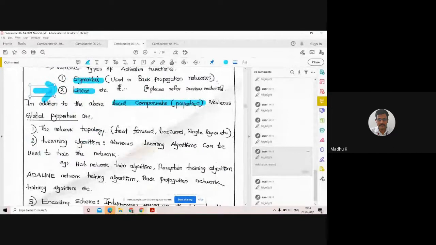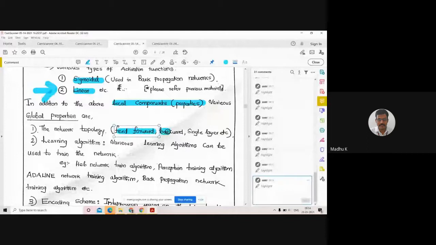Then which are the global properties or global components? The network topology. Network topology means in which way the network is connected. Sometimes it may be a feed forward network, sometimes a back propagation network, sometimes a single layer network. Next, the learning algorithm.